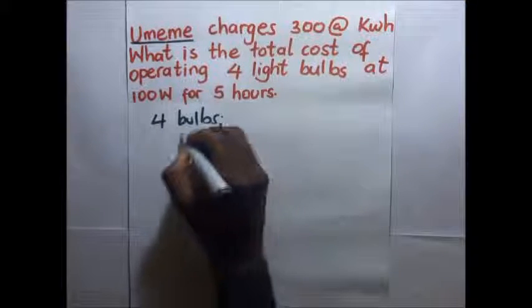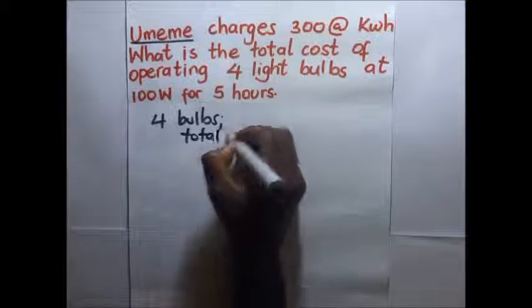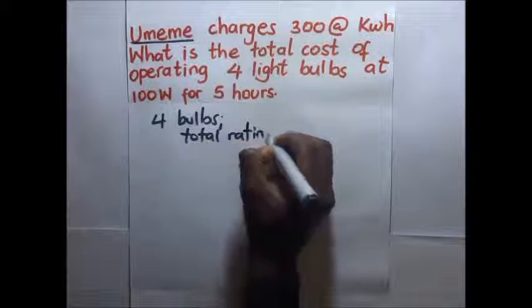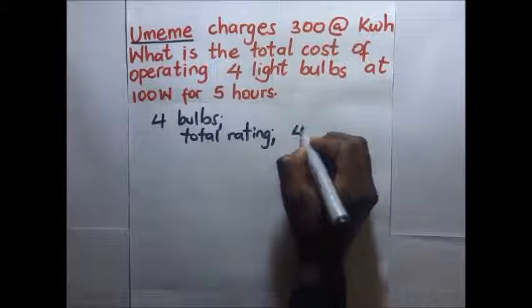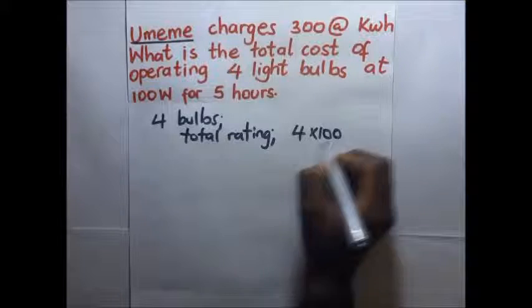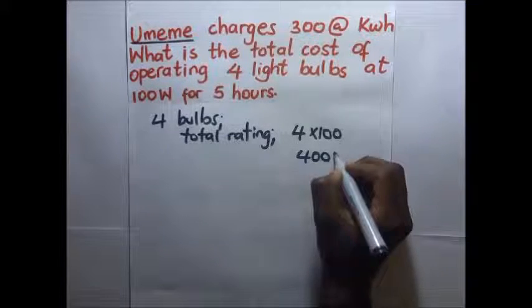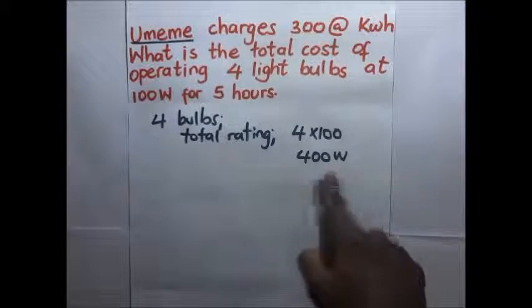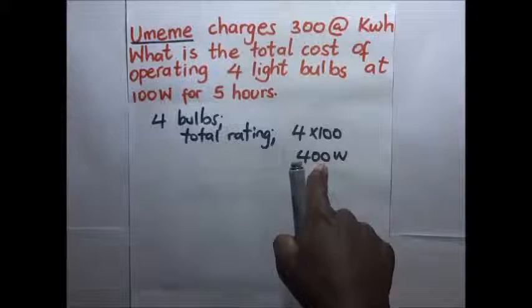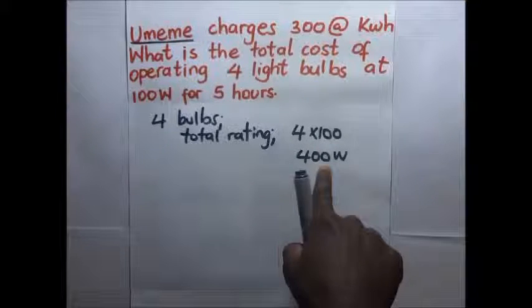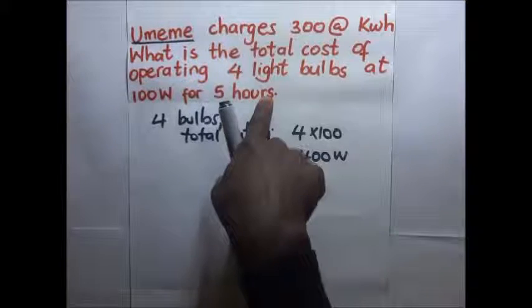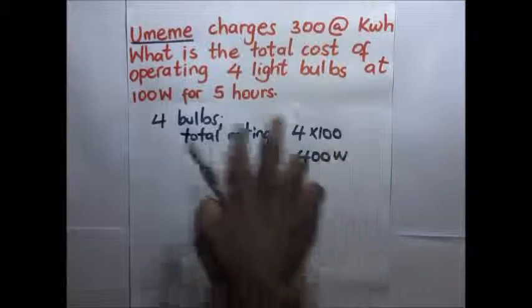So the total rating for these bulbs is going to be 4 bulbs times 100 watts, so it's going to be 400 watts. But now let's say they are running for 5 hours. So we multiply this by the 5 hours.